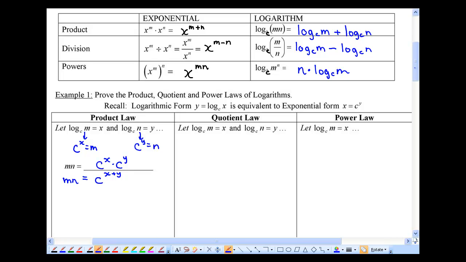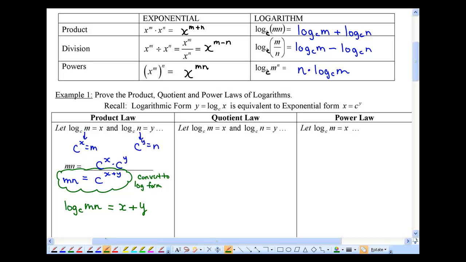And if I now ask you to take this expression and convert it to log form, let's see what you get. You'd have log base c, and you'd have the number mn, and that would be equal to your exponent, x plus y.